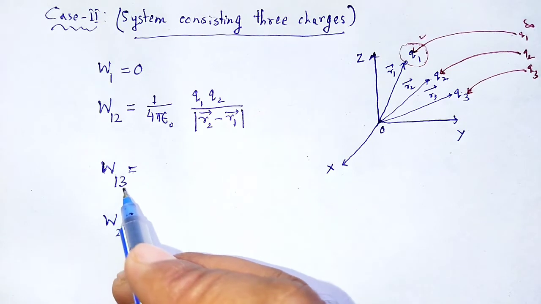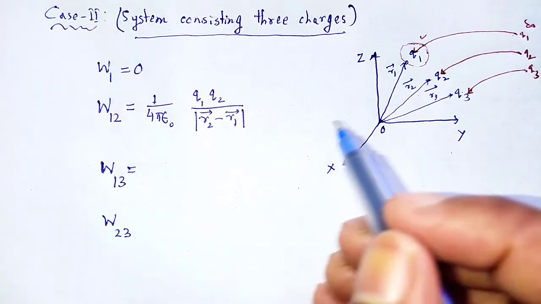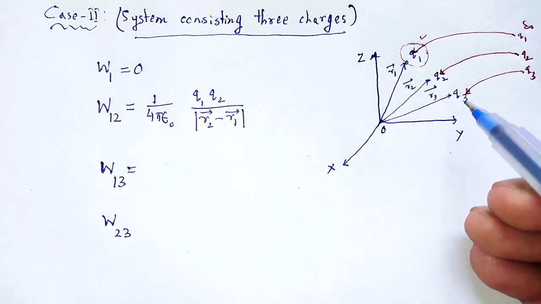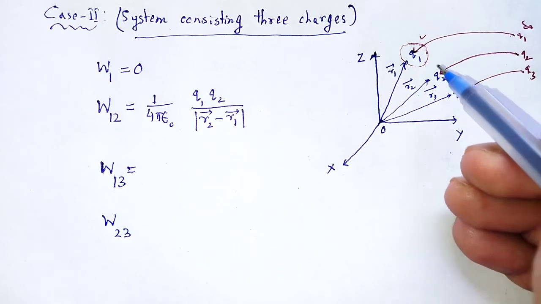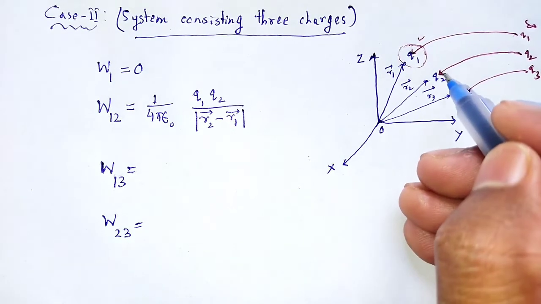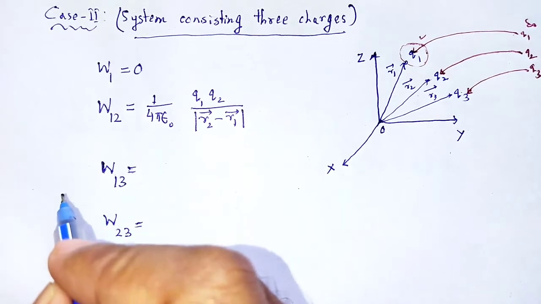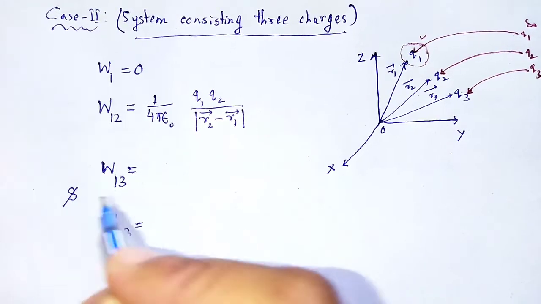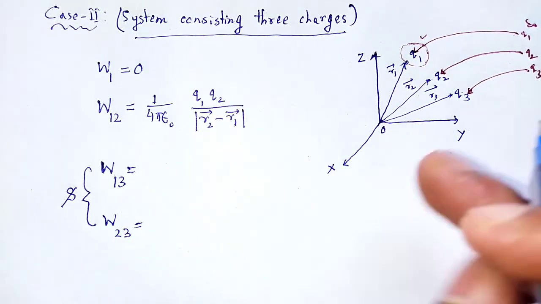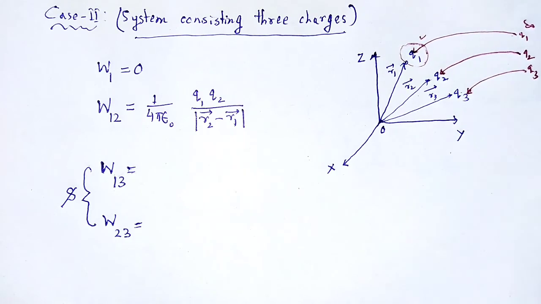W13 is the work done in moving the charge q3 from infinity to its position in the electrostatic field of charge q1, and W23 is due to the electrostatic field of charge q2. These two works are done when bringing the charge q3 to its respective position.